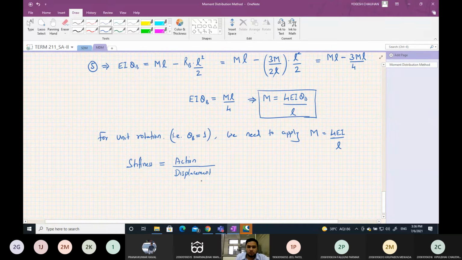So we can say stiffness is equals to force upon deflection, or stiffness is equals to moment upon rotation.